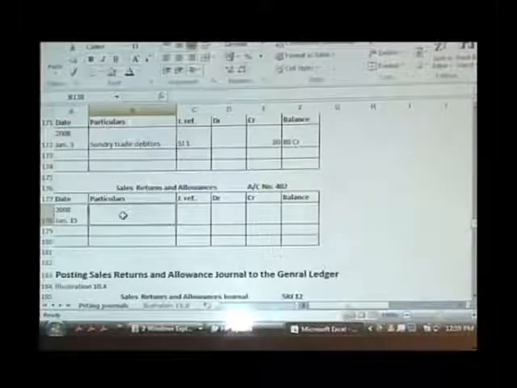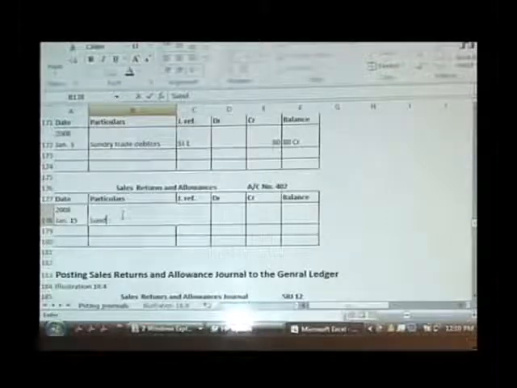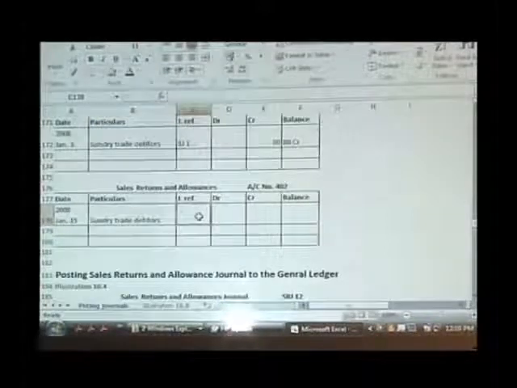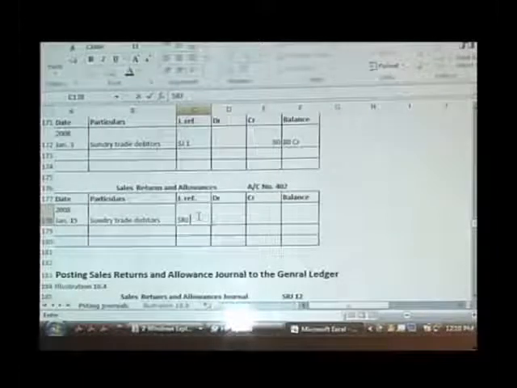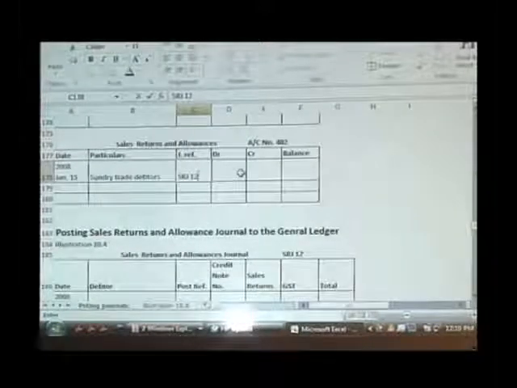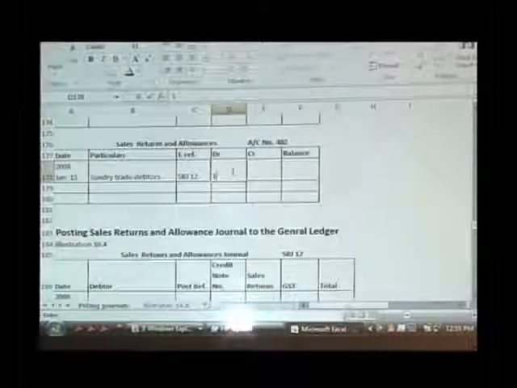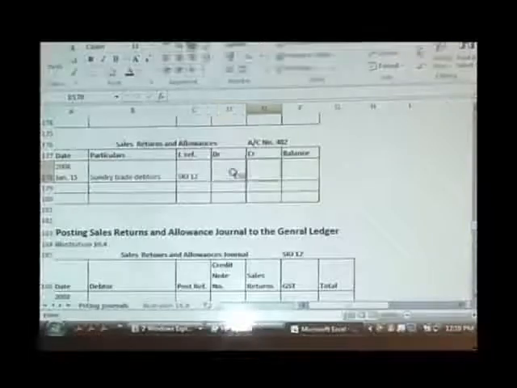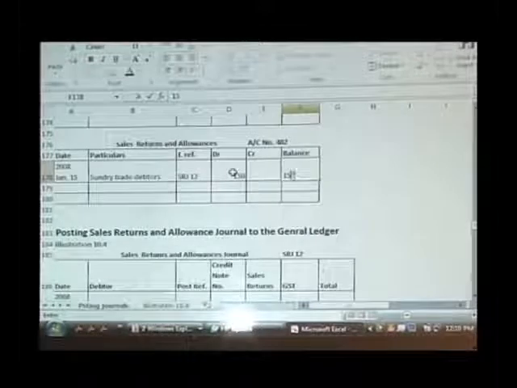And what we write here, sundry trade debtors, SRJ 12, 150 debit.